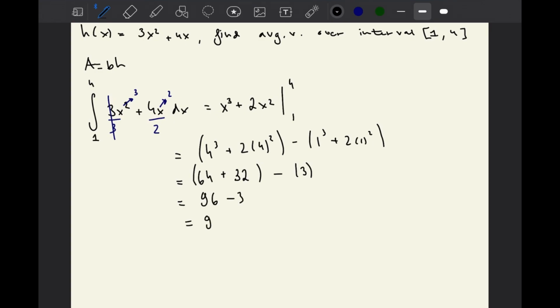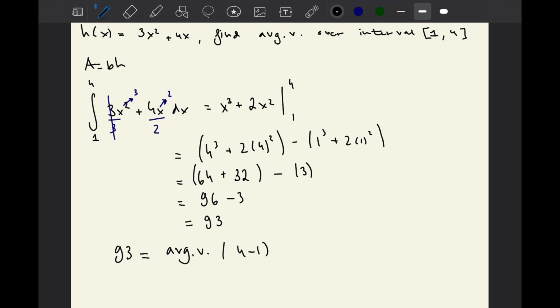That's going to give us 93. Alright, so this is our area, and our area is equal to the base times height. So we have 93 equal to the average value times our base, and our base is 4 minus 1.